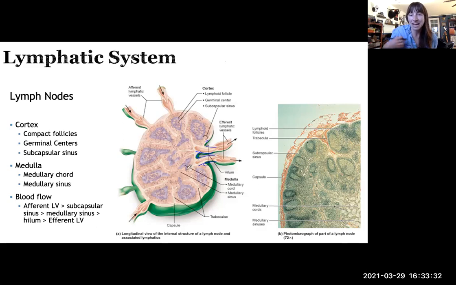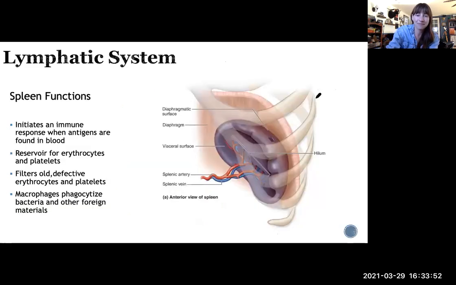But generally speaking, I remember having a little bit of pain on this side after I got my first COVID vaccine, which was so fascinating to me. So I had a little bit of lymph node pain in this armpit. And I was just fascinated because it's literally my body reacting to the vaccine, which is pretty cool.